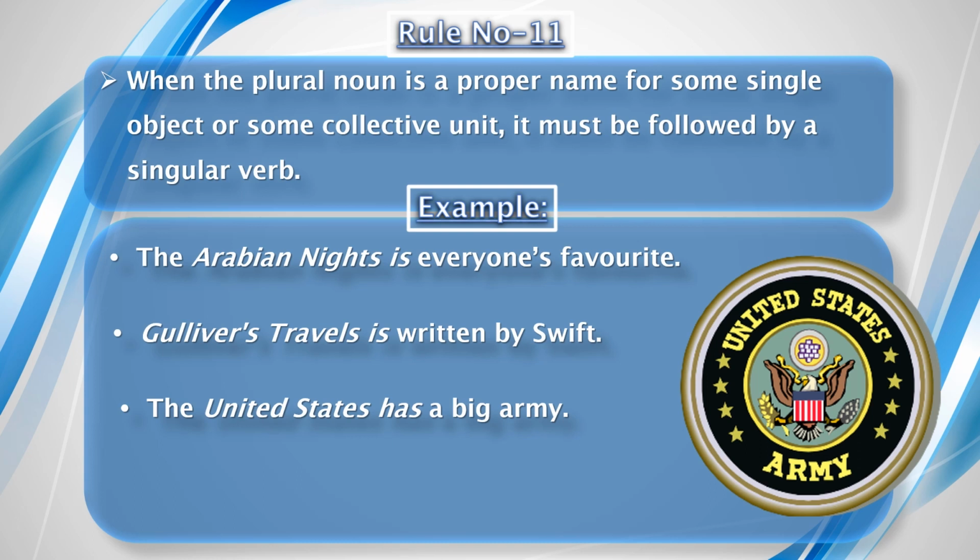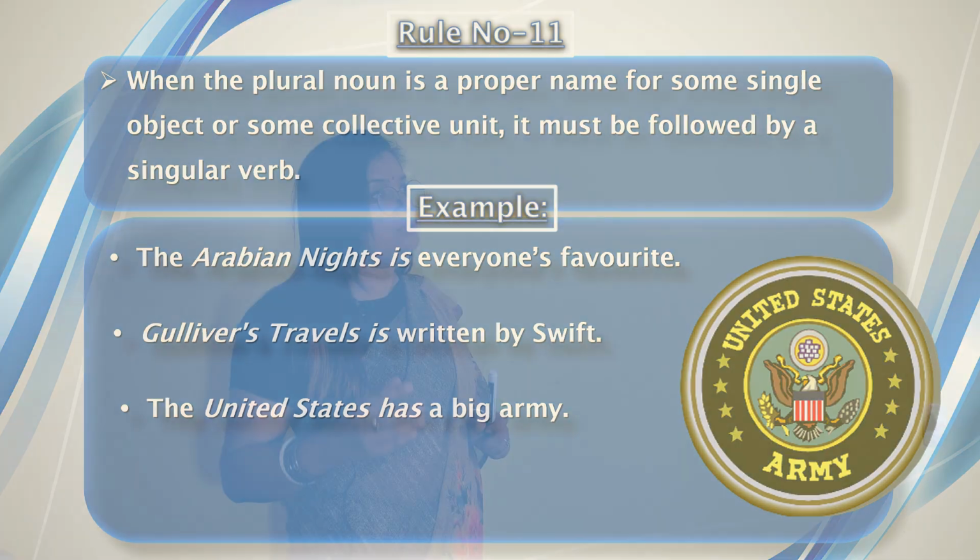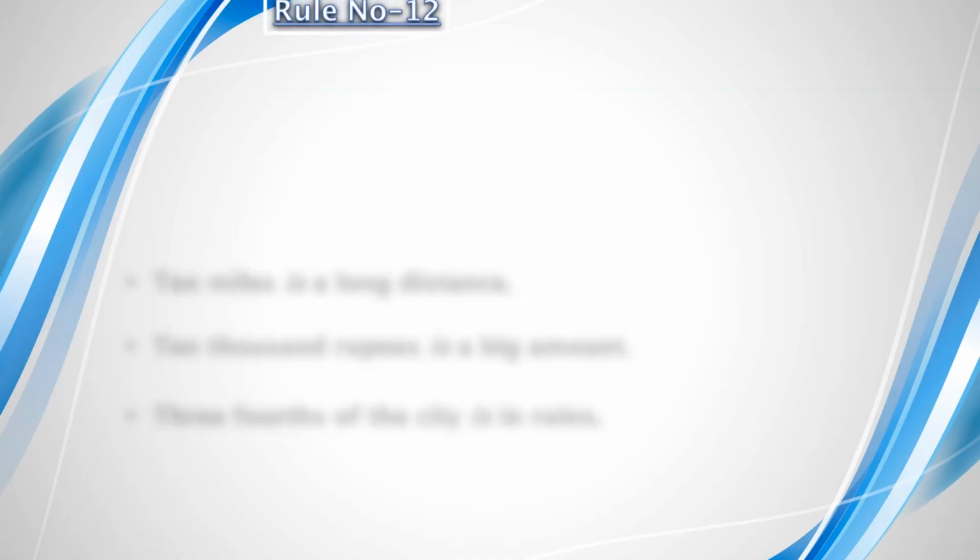So United States is plural in form but singular in meaning, because the plural noun here represents a single object. Okay, so it should be very, very clear, because though the subject seems to be plural, it is not so.